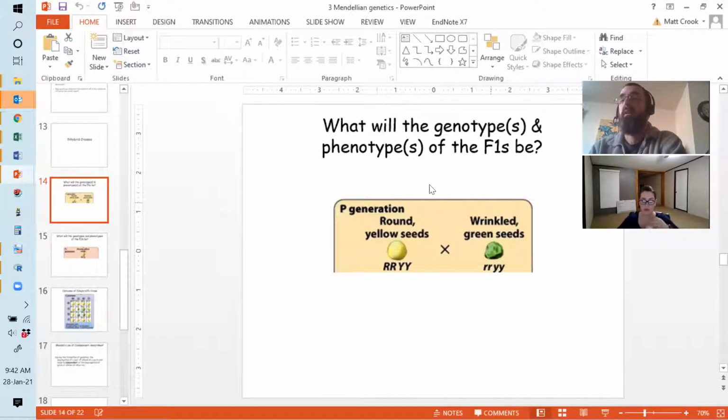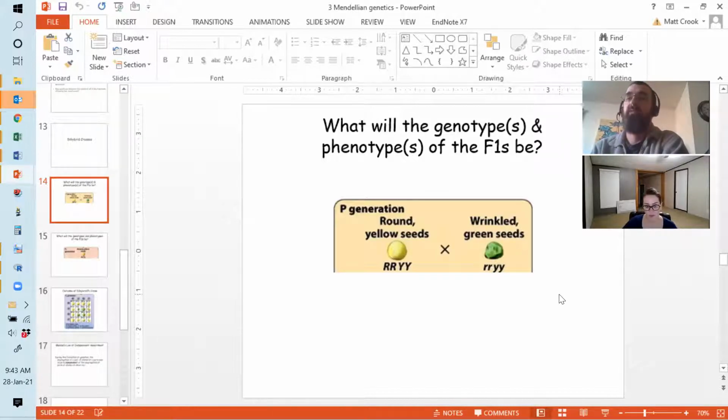Anyway, by convention, we always have the dominant and the recessive like this. We tend not to give you the dominant-recessive and recessive-dominant combinations just because it messes with your heads. So these are our traits: seed color and seed shape. The phenotypes are round versus wrinkled for seed shape, and yellow versus green for seed color.